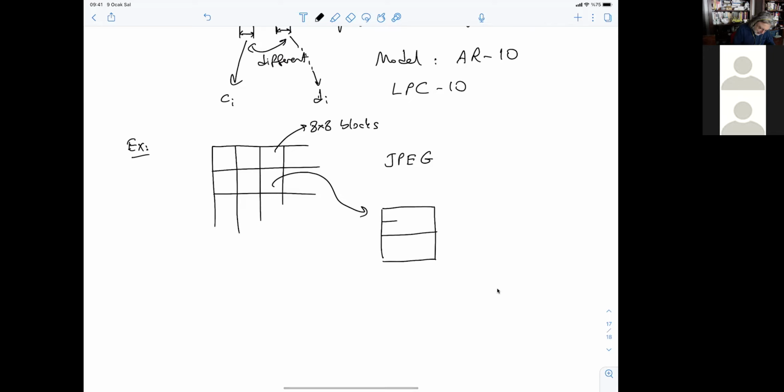It's not splitting anymore. I'm trying to show you the pixels here. It becomes an 8 pixel by 8 pixel image, quite a small one. And then it applies the DCT afterwards.